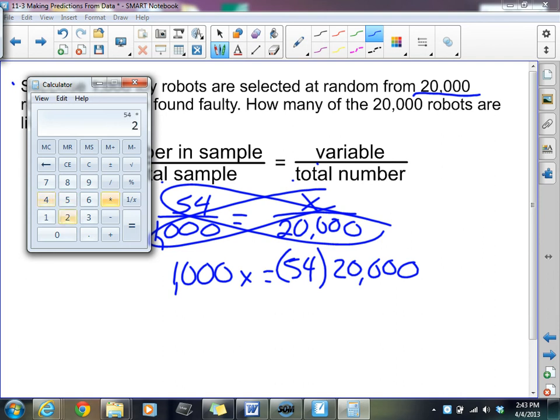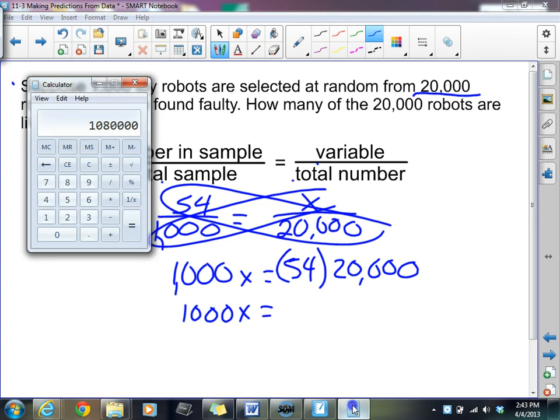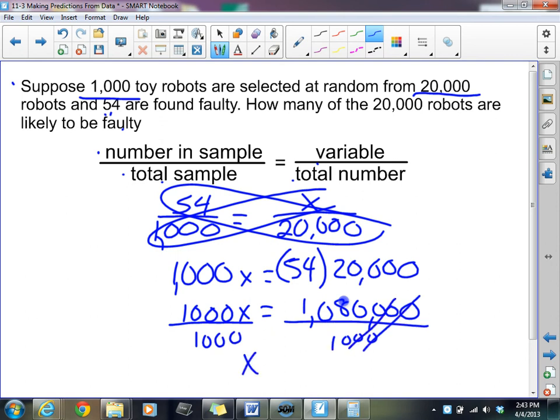So 54 times 20,000 equals... okay, big number. All right, now I'm going to divide by 1,000. And this is actually very easy. I'm just going to cross out some zeros. And so my answer, they can expect 1,080 robots to be faulty.